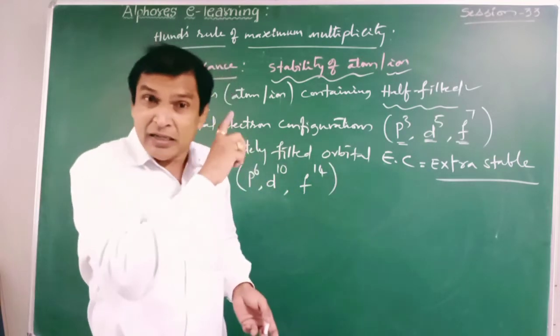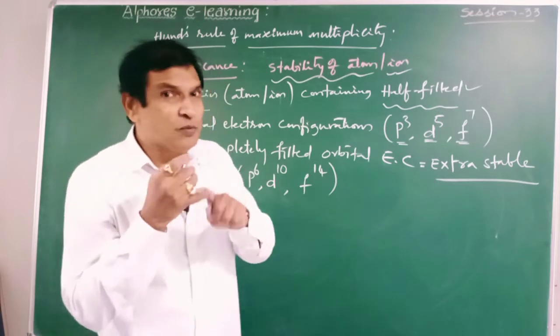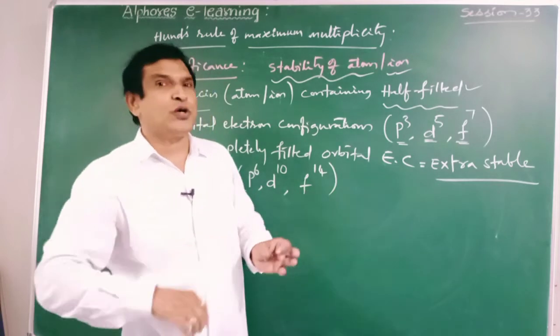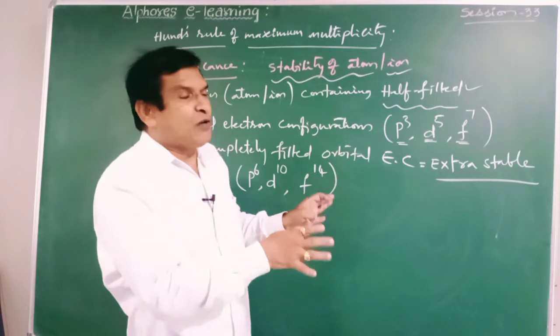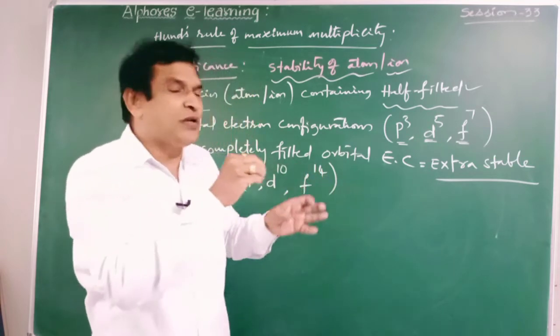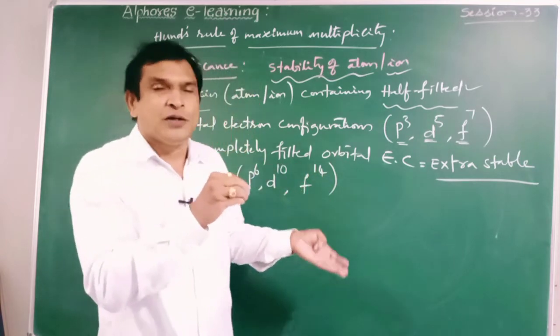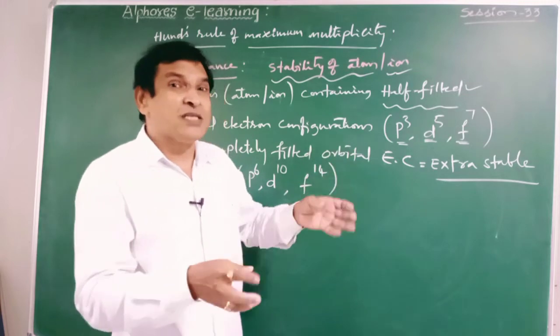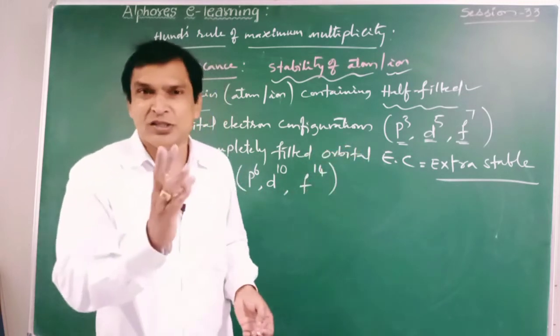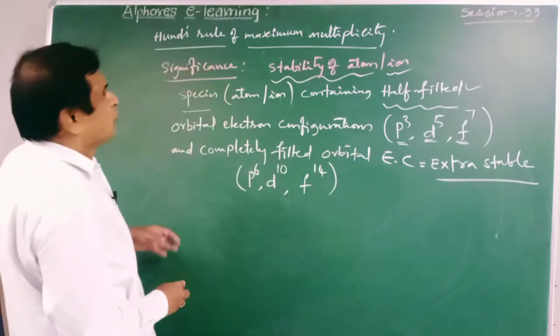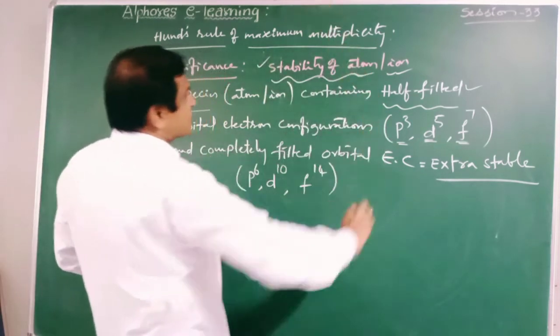They are less reactive, no doubt. And from the stable configuration, to remove the electron we require more energy naturally. So that species possess high ionization energies also. Done. So stability of atoms or ions is completed.